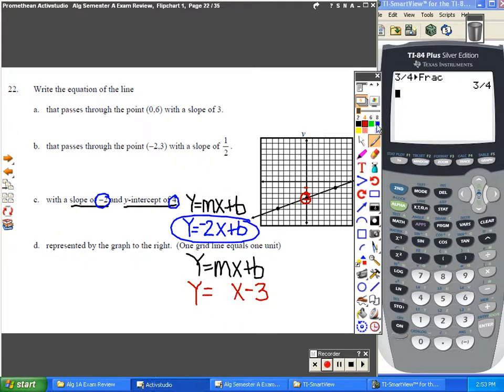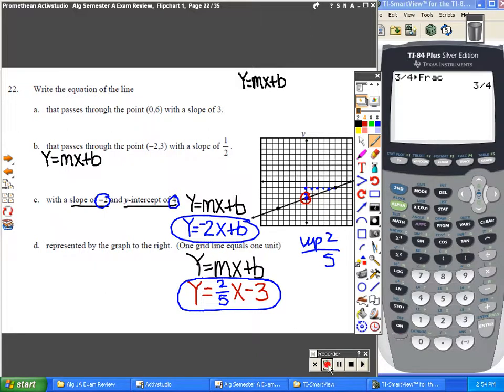Now I'm going to do my slope. It looks to me like I go up 2 over, what was that, 5? 3, 4, 5, yes. So since you go up 2 and over 5, your slope is 2/5. And that's the answer for 22D.